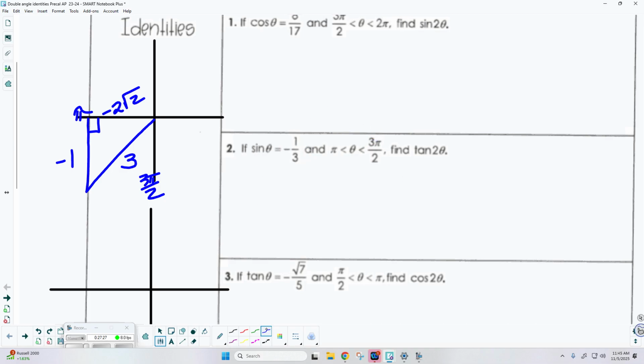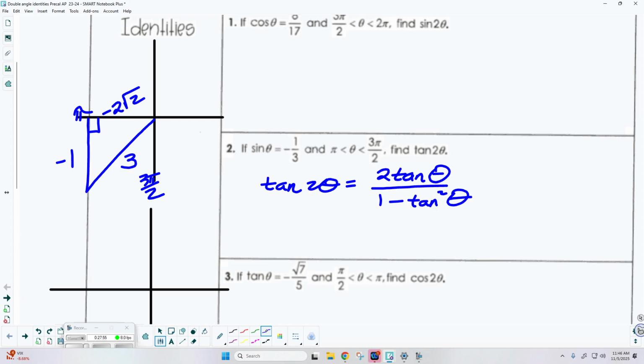Now, we're looking for tangent of 2 theta, so let's go ahead and write out the identity. Tangent of 2 theta. So I know that's 2 tangent of theta divided by 1 minus tangent squared of theta. It's just that easy. If I can remember that, you can absolutely remember that. Easy. Okay. Now, in order to find this, all I need is tangent of theta.